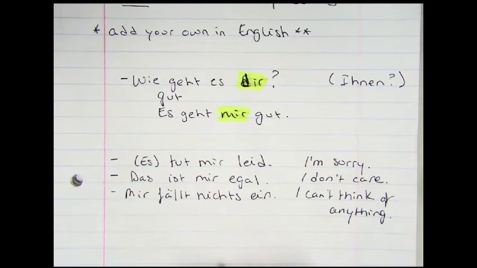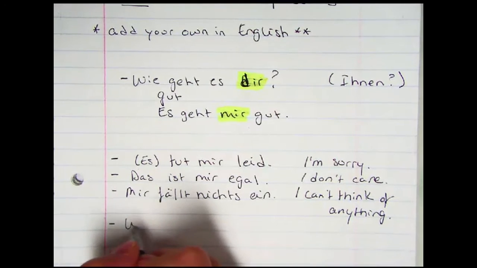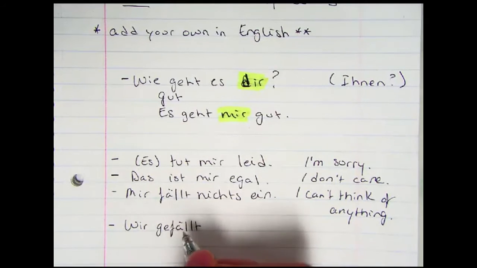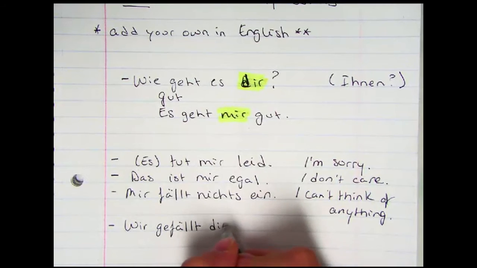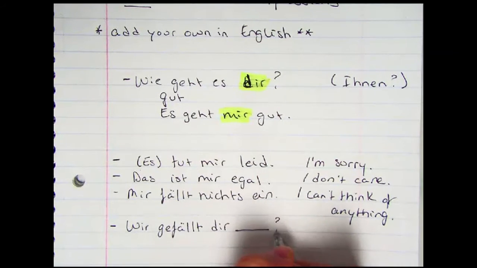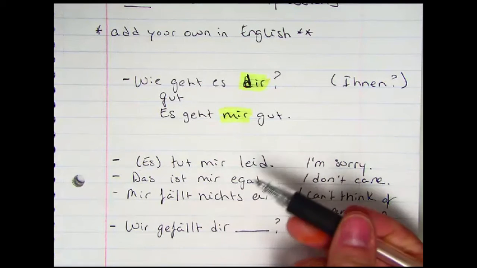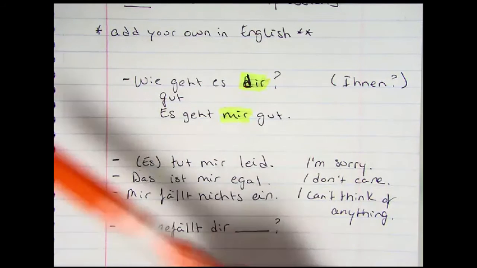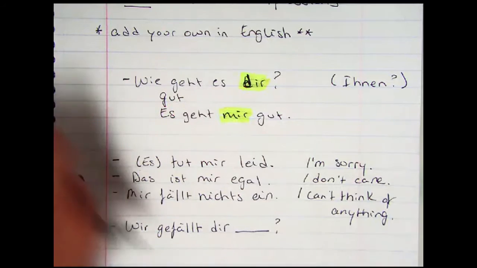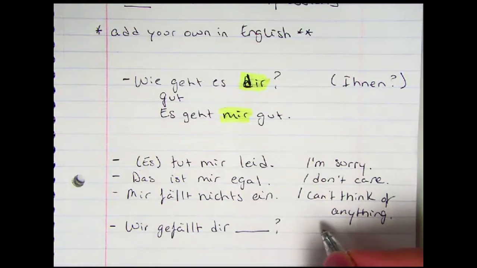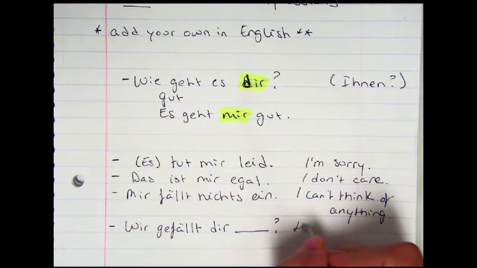And we had learned the little word gefallen. Wie gefällt dir? And then just some object. So wie gefällt dir mein Kuli? Wie gefällt dir mein Crayola-Stift? Wie gefällt dir Deutsch 2? So how do you like is how that translates.